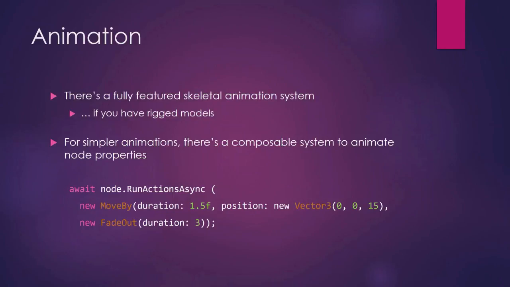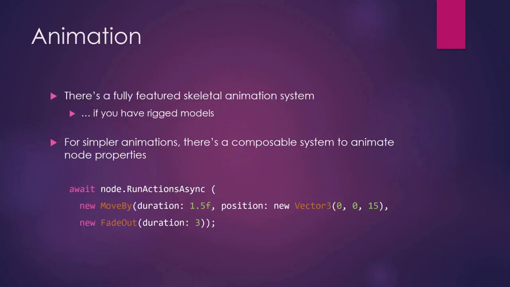And so in this case, run actions async is a params method. So it's going to first move the node, and then it will fade it out. Those will happen one after the other, and it returns a task so you can await it.